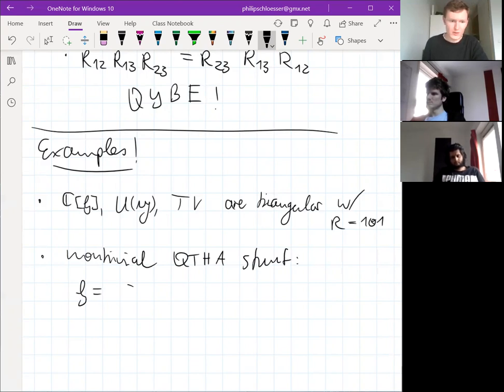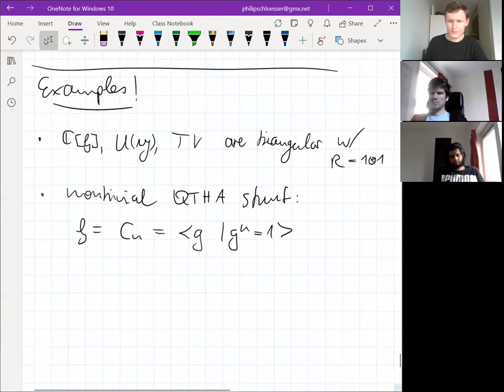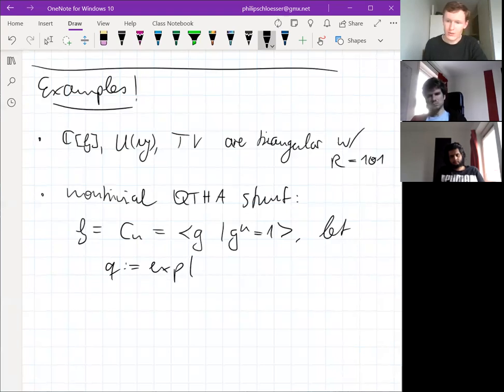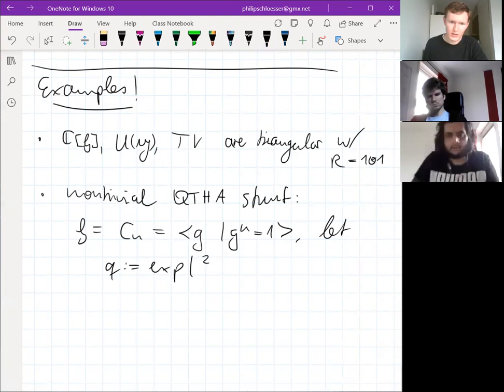Consider G to be the cyclic group with n elements, meaning it's generated by G with the relation that G to the n is equal to 1 again. Let Q be the corresponding primitive root of 1.